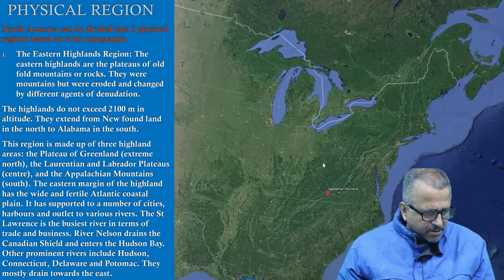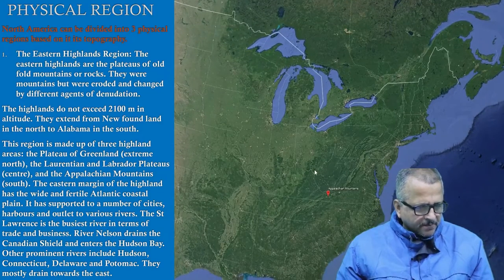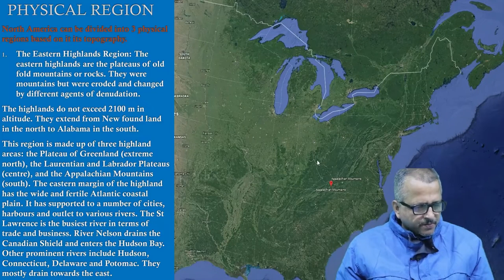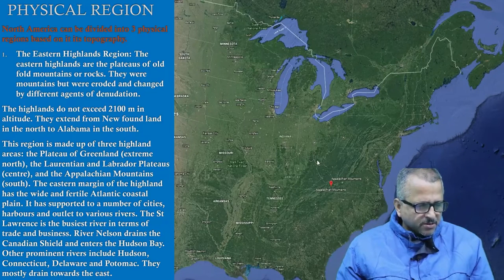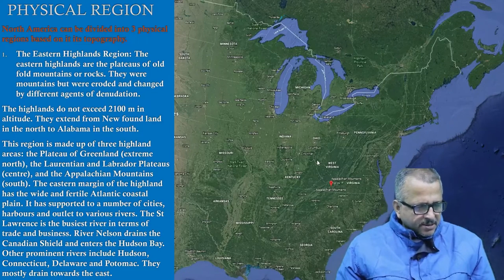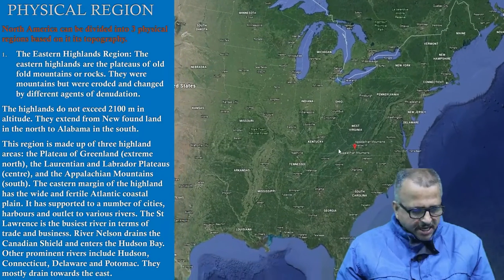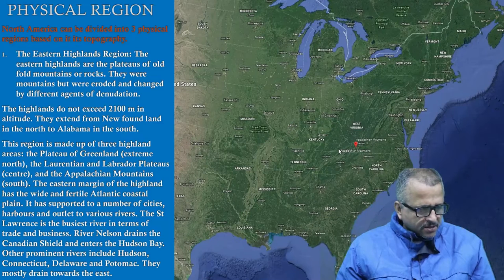The Appalachian Mountain, known as the Eastern Highland, is made of old fold mountains full of rock, eroded and changed into different structures by the denudation process. It starts from Newfoundland to the area of Alabama, which is 2100 meters long.